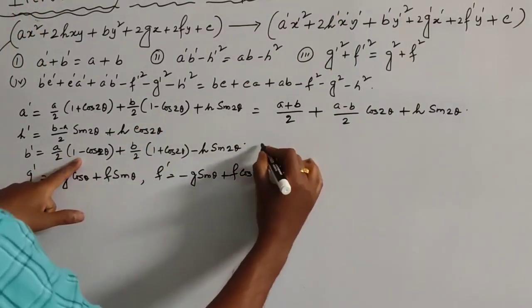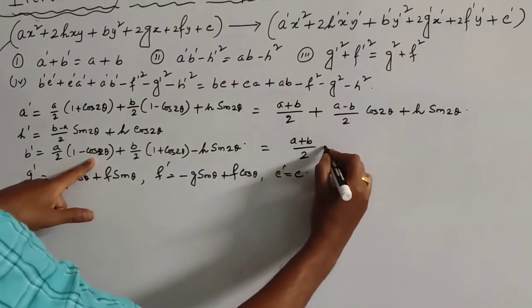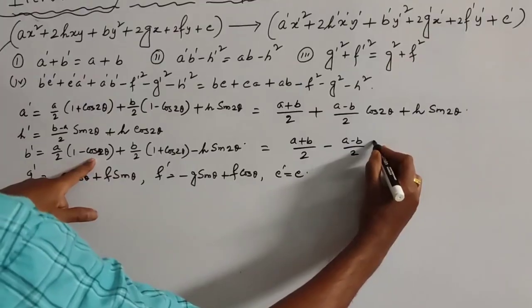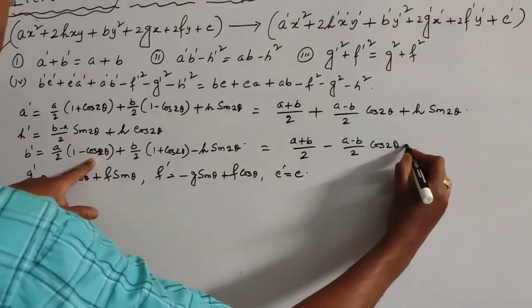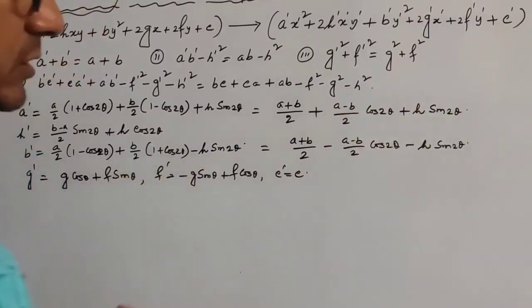And b dash can be written also as a plus b by 2 minus a minus b by 2 into cos 2 theta minus h sin 2 theta.